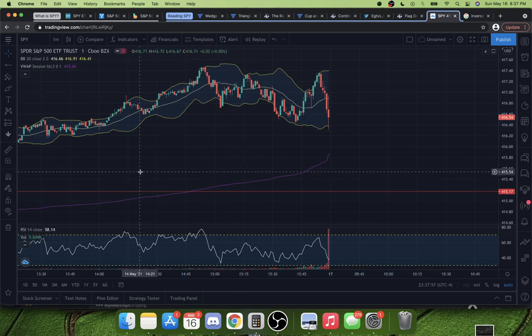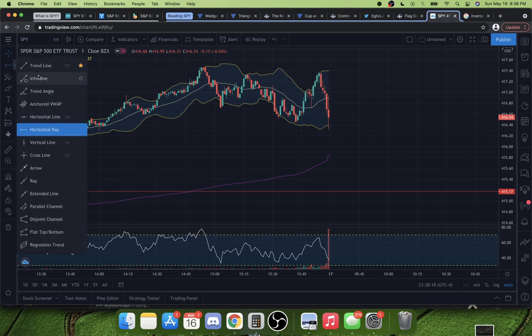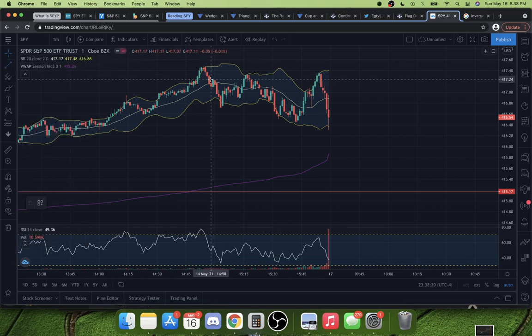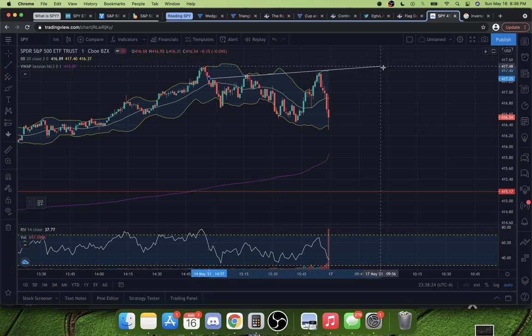I'm looking at this here, and I can see these formations where it's dropping and rising are getting larger in each direction and each time. There's a resistance trend from this drop here to here, right? So I'm going to take my trend line and draw from that candle.